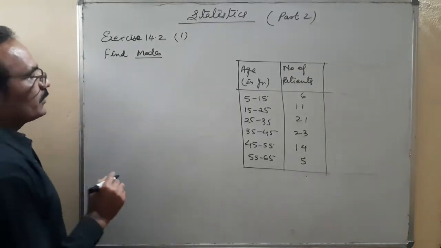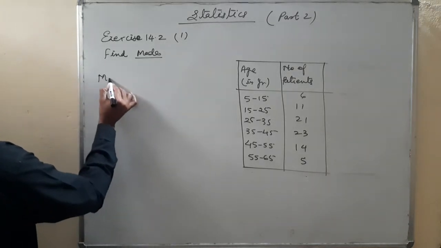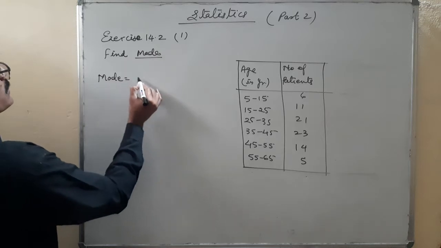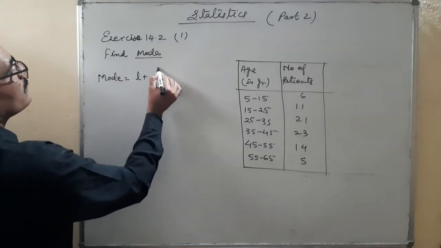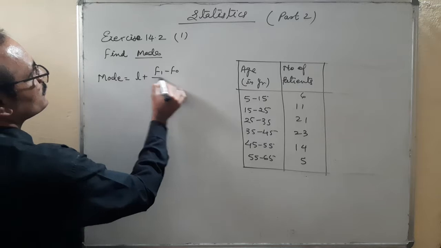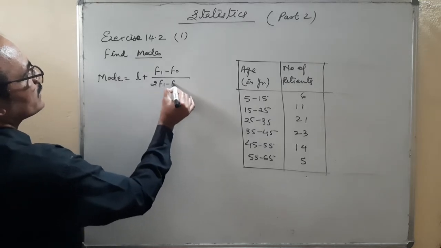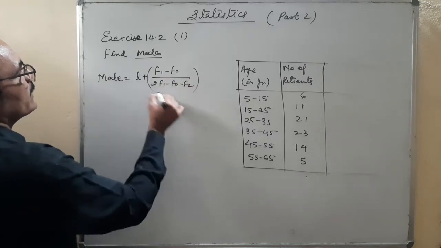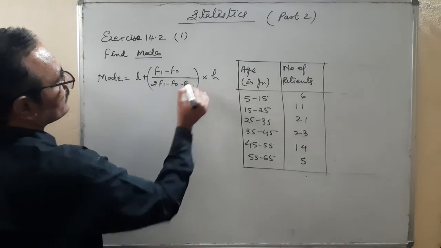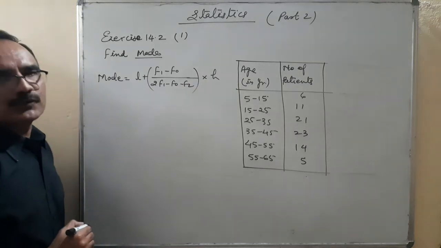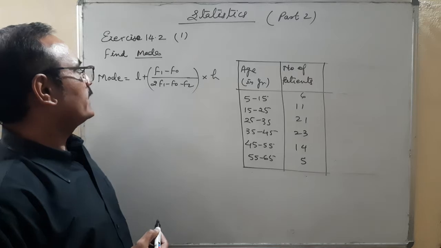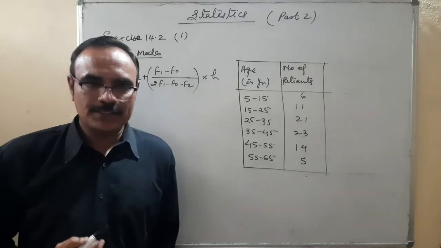First, I am writing the formula. Mode is equal to L plus (F1 minus F0) upon (2F1 minus F0 minus F2) multiplied by H. This is the formula for finding mode. Now let us see what L, F1, F2, F0, H and the others are.